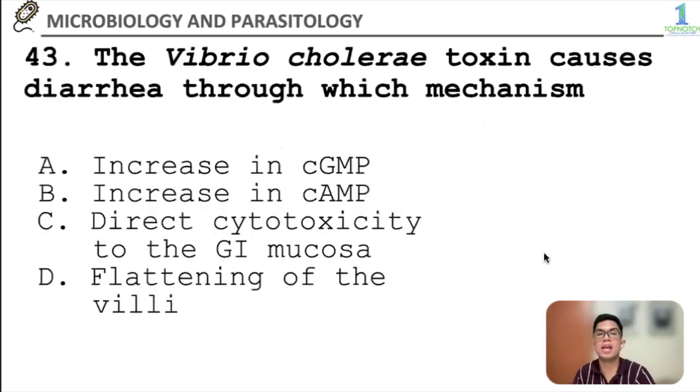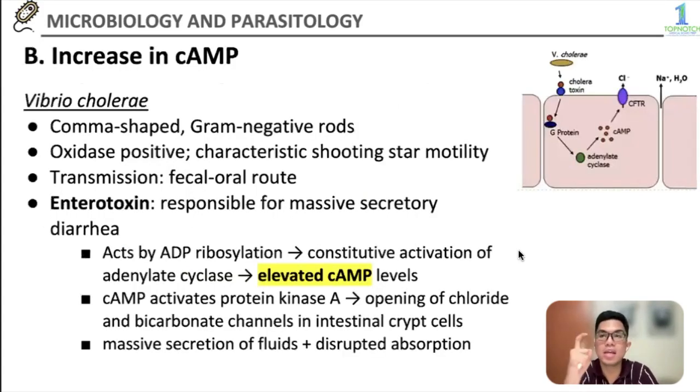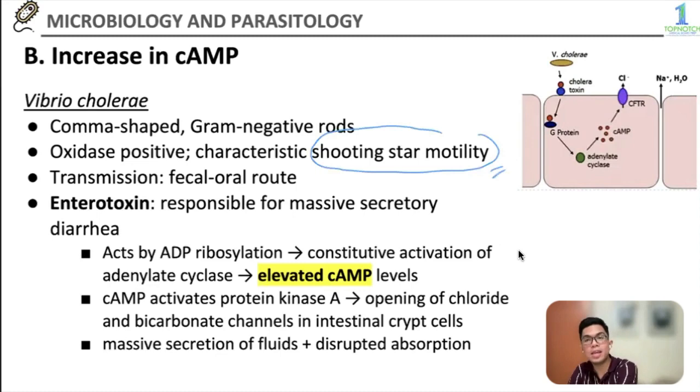Okay? So next, mechanism of action ng V. cholera toxin, that's your increase in cyclic AMP. So Vibrio is a comma-shaped gram-negative rod, and yung importance na there's a characteristic shooting star motility. It's only found in humans and is transmitted via a fecal-oral route. So its enterotoxin is what causes its massive secretory diarrhea.